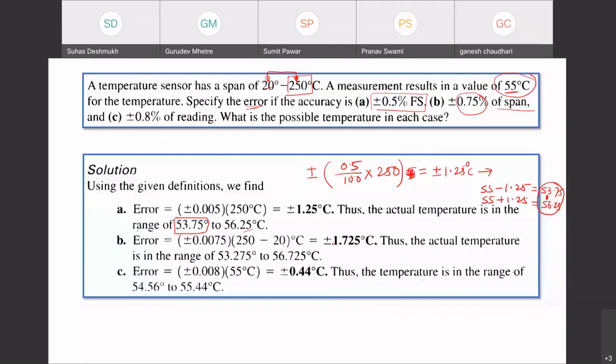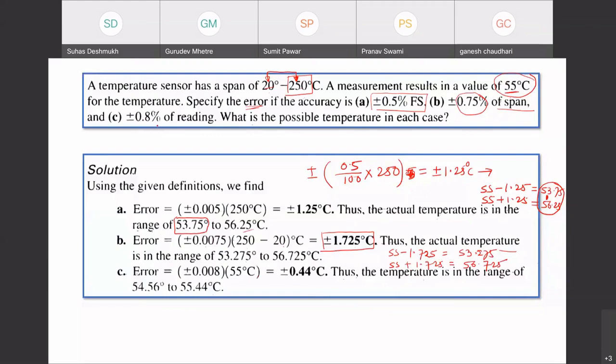Actual temperature measured minus 1.725 is equal to 53.275 or something, and 55 plus 1.725 results in 56.725 or something. The same applies to a percentage of the reading.